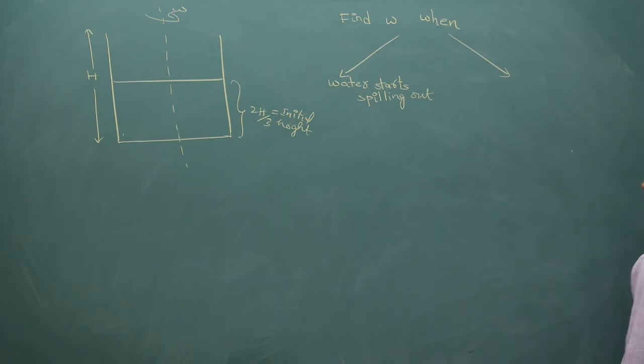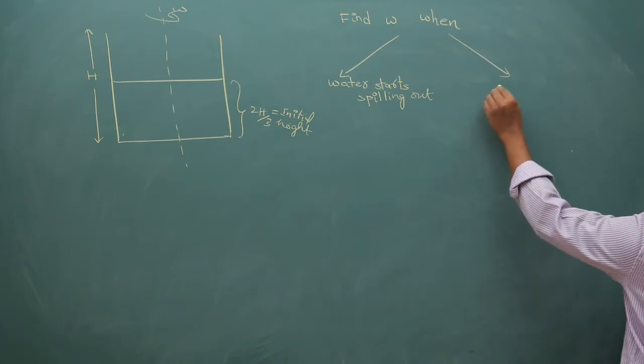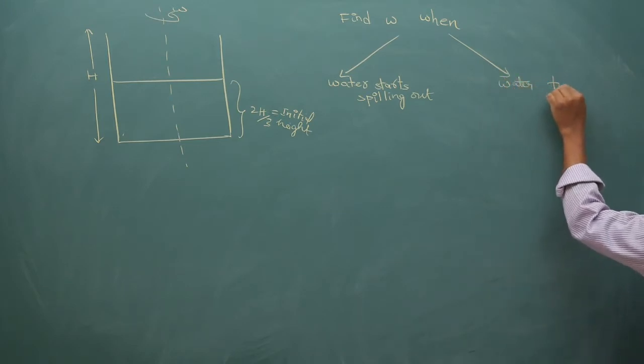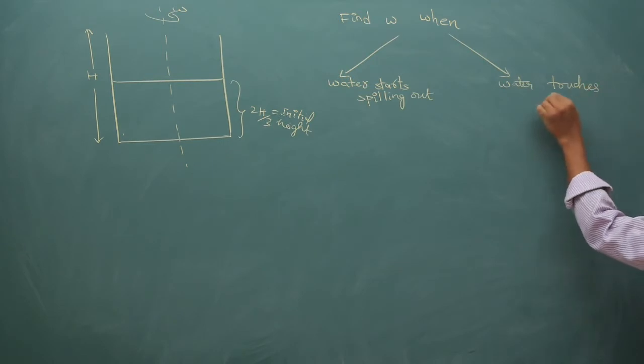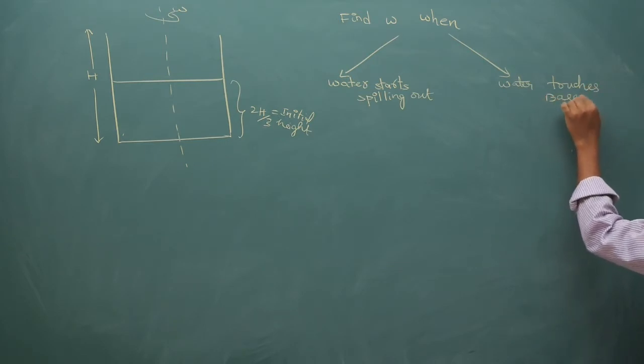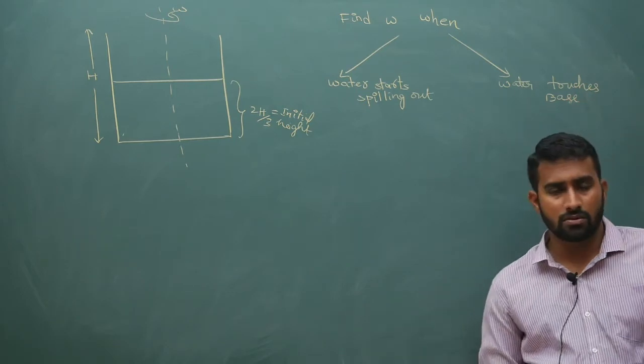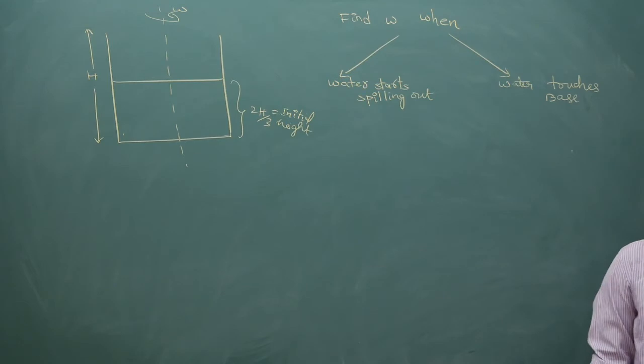That is your first question. Your second question is, water touches the base. These are the two questions. Both are different. In both cases, you are supposed to find out the angular speed.